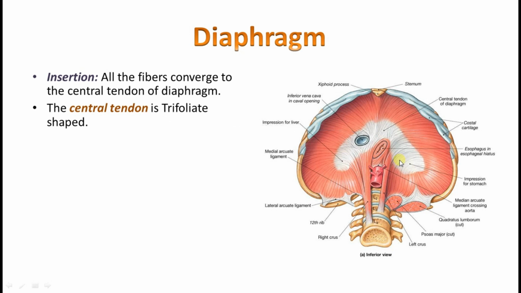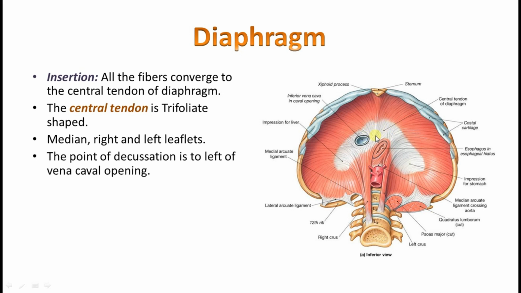The three leaflets decussate. Decussation of the fibers of the central tendon takes place to the left of the vena cava opening. That is the point of decussation of these three leaflets.